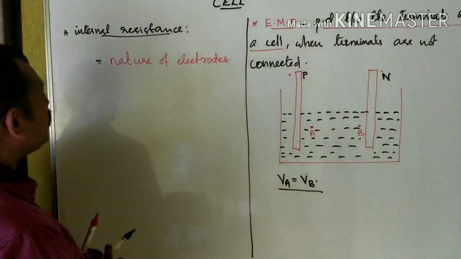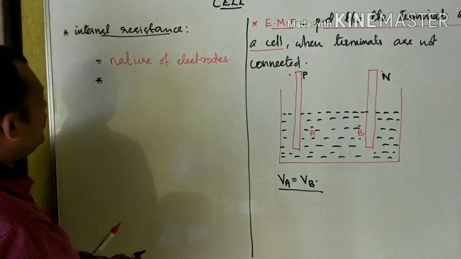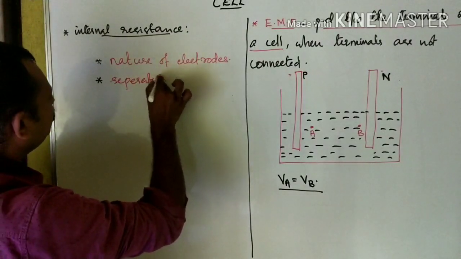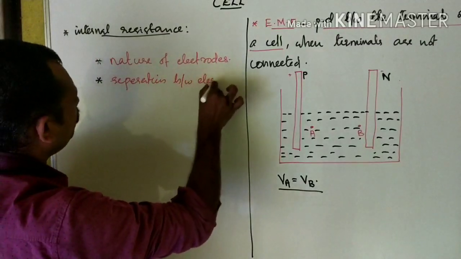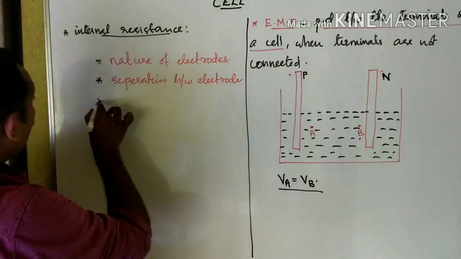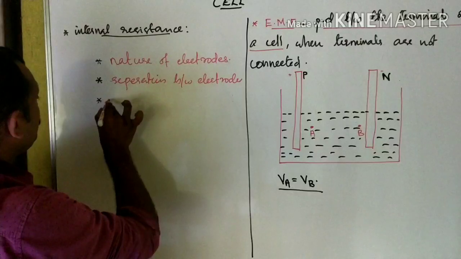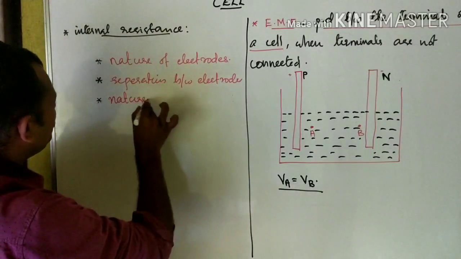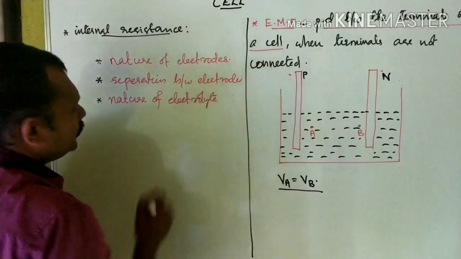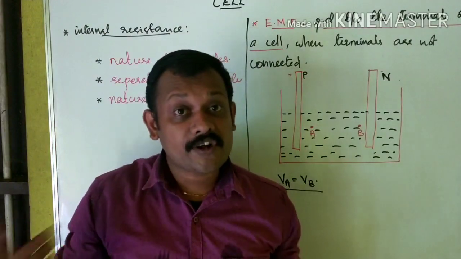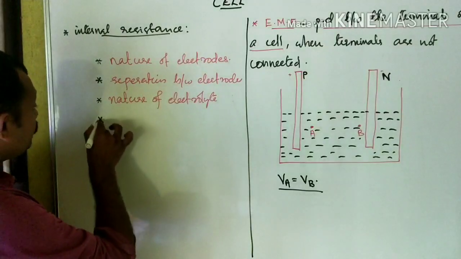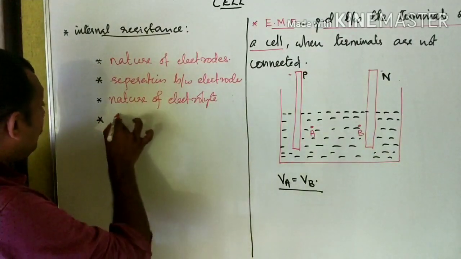It depends on the nature of electrodes, then separation between electrodes, then nature of electrolyte. In the nature of electrolyte, it depends on concentration of electrolyte and purity of electrolyte. All such things will be taken into consideration. And finally, temperature.